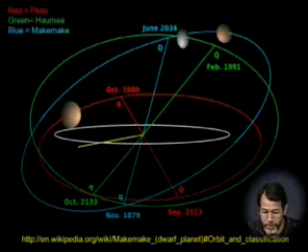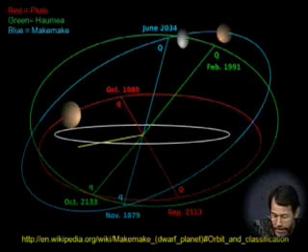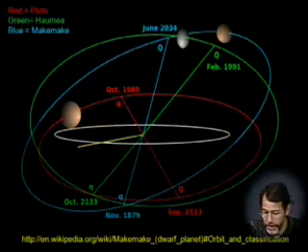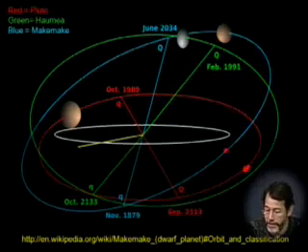So here we see some orbits. Red is Pluto. I believe this is the plane of the ecliptic here, where all the rest of the planets orbit. So Pluto is out here, but we see that Haumea and Makemake, they're not that far. They sometimes go closer than Pluto. So if Pluto was to be here and Makemake was to be here, Makemake would be inside the orbit of Pluto, but more inclined.